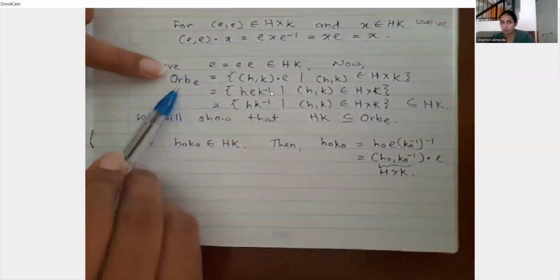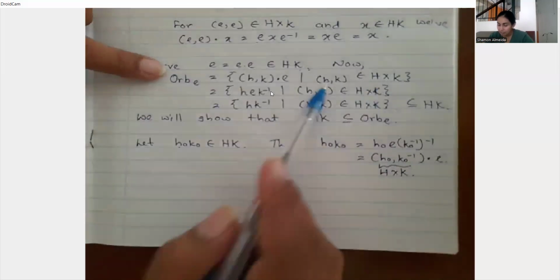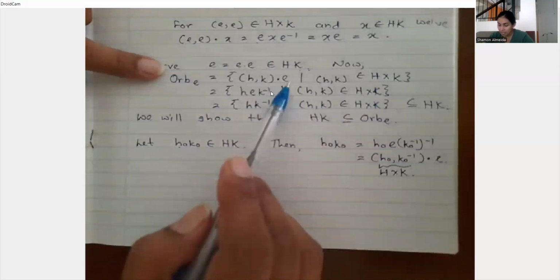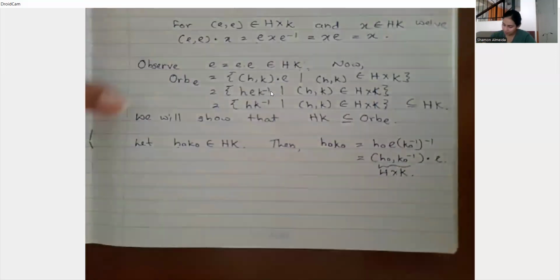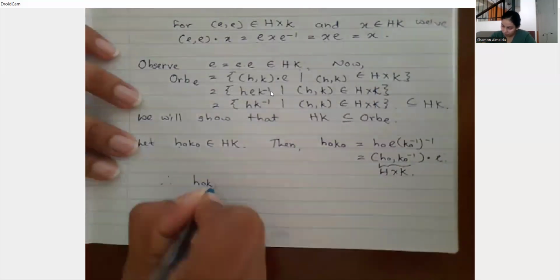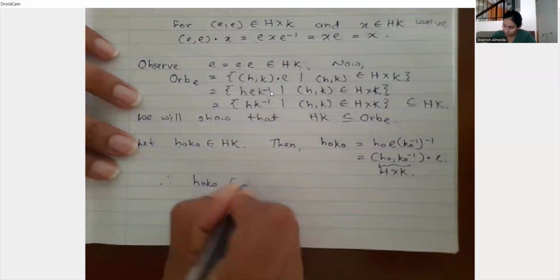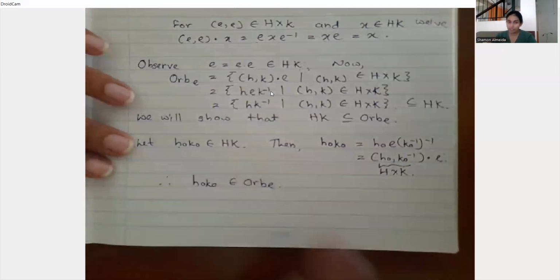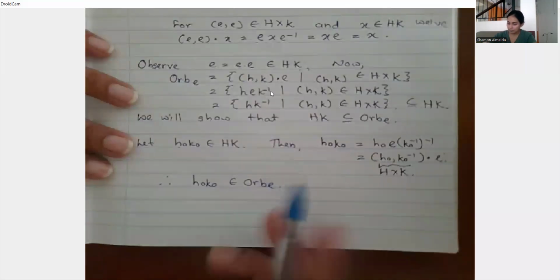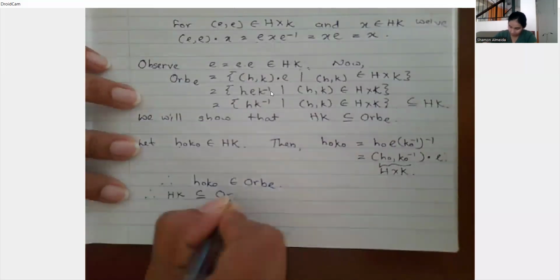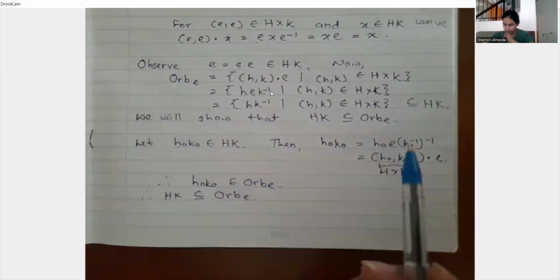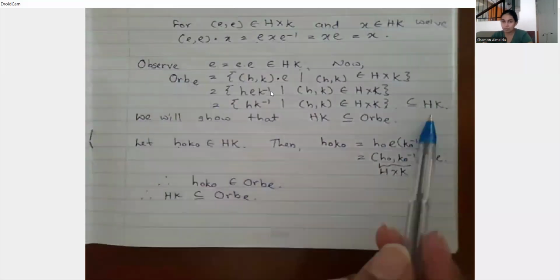If you go to the definition of the orbit of the identity, we take elements of H cross K and take the group action with the identity. So what you see over here is an element in the orbit. Therefore, H naught K naught is an element in the orbit of the identity. Because this is chosen arbitrarily, we see that HK is a subset of the orbit, and the orbit of the identity will always be a subset of HK.